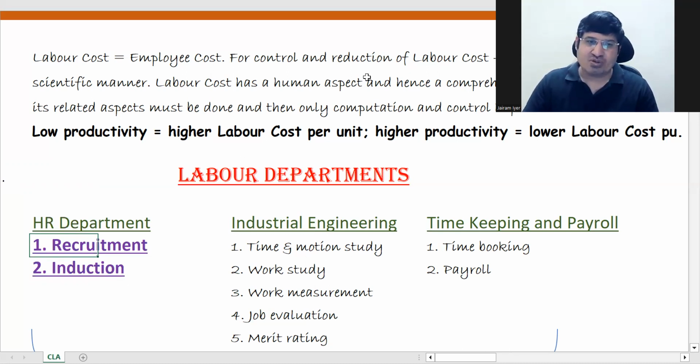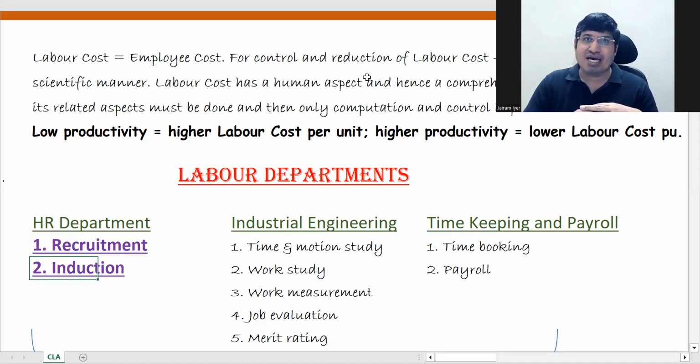After that, they do give some initial training also, because the main on-the-job training happens where the workers work. But before that, some initial training is given. That is many times given by the HR department. So, main functions you can say recruitment and induction.